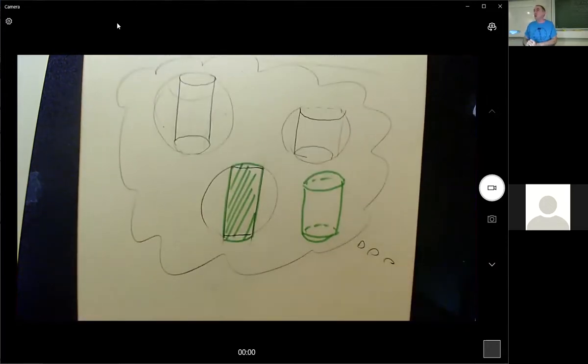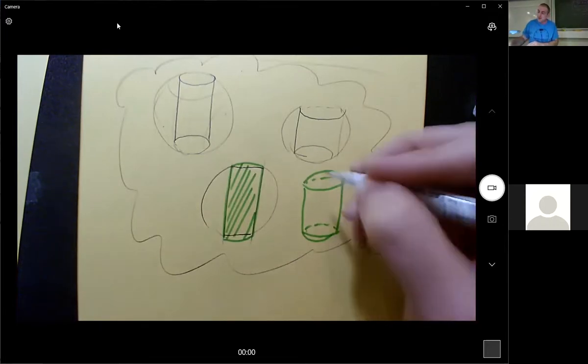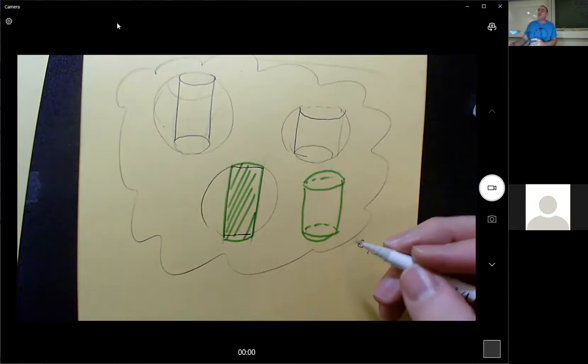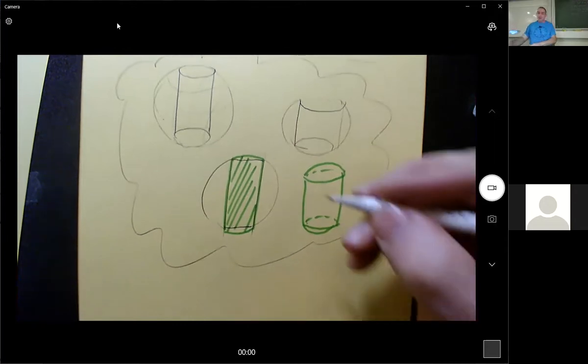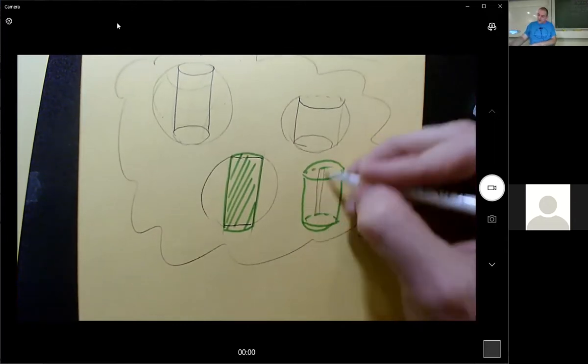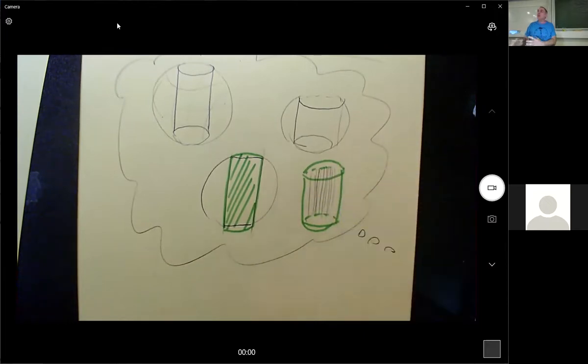So it seems to me that if the answer I want at the end is a volume, then I'm going to need to accumulate heights across an area, and that should produce a volume. If I imagine stacking up a whole lot of little stacks like this and stacking them all together, that will produce the volume.